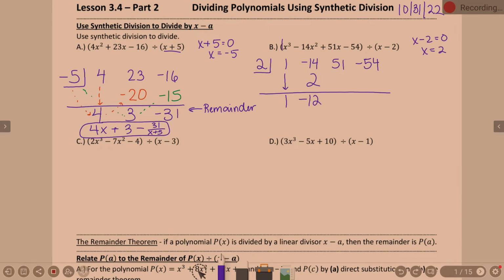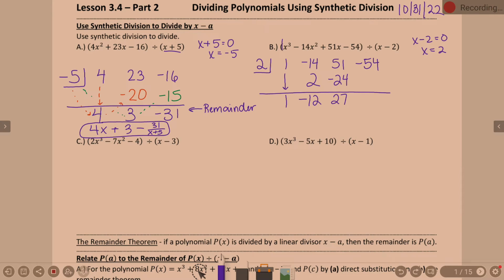Repeat the process, and we are multiplying. So back to the 2, always with the 2. 2 times negative 12 is negative 24. That goes under my 51. 51 plus negative 24 is 27.